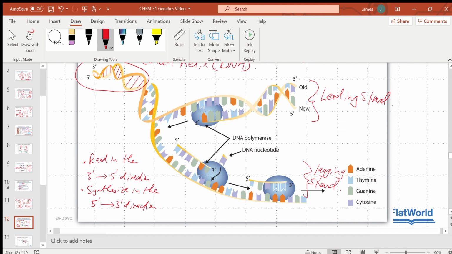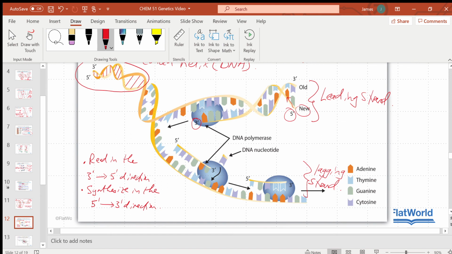So here's the original strand here called old, and it starts off 3 here. So we start to make the new strand here in the 5 to 3 direction. So 5 to 3 is the new, because we're reading in the 3 to 5 direction.